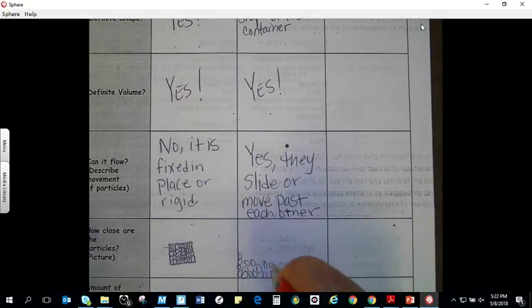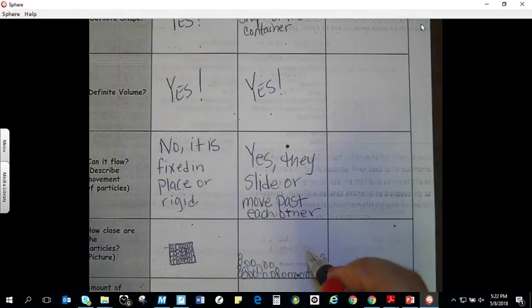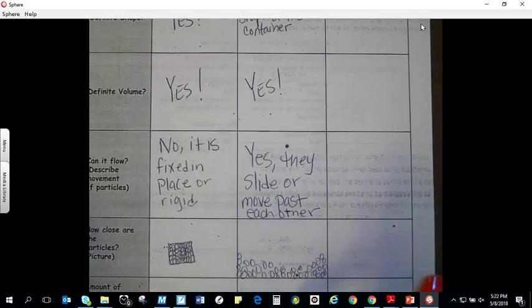They're looser, they're not as tightly packed. Okay? And we'll come to this one, the amount of energy it takes.